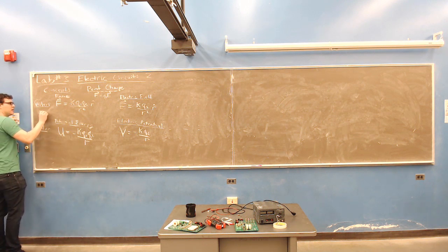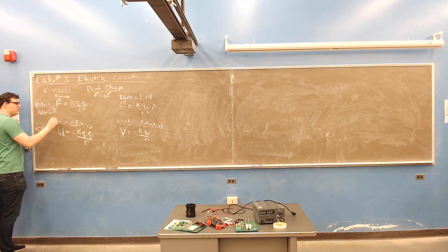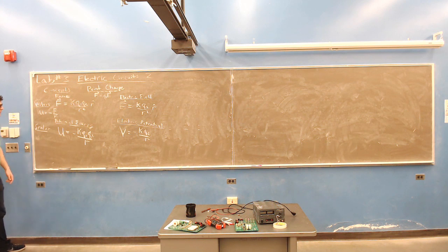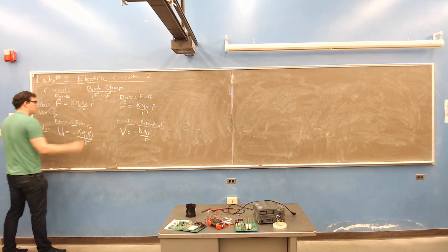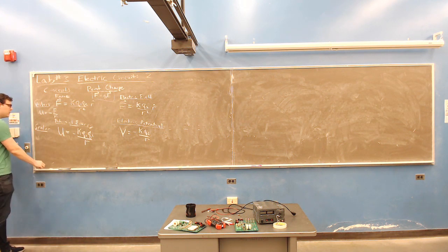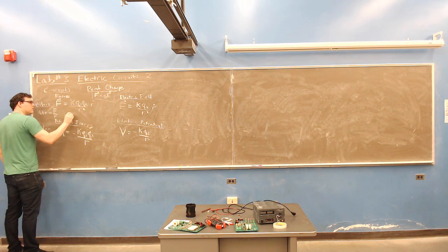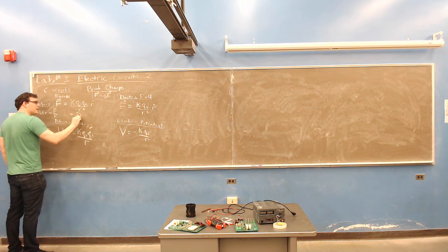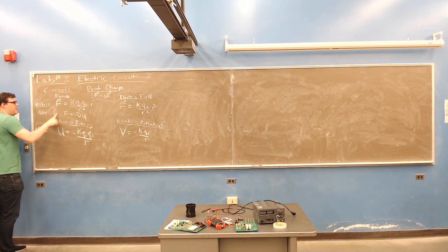All right, so the connection between these guys is that F is equal to negative U over R. And for those who know calculus, F is equal to the negative gradient of U. So it's the other way around.